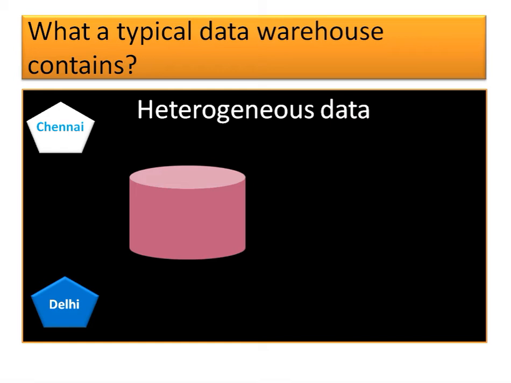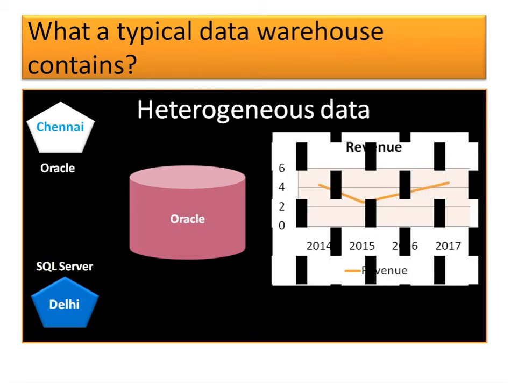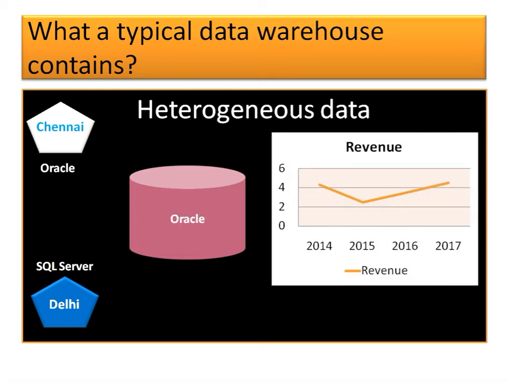And heterogeneous data is when we integrate data from different source formats. For example, Chennai is connected with an Oracle database, but Delhi is using SQL Server. In that case, when we integrate the data, that is called heterogeneous data.